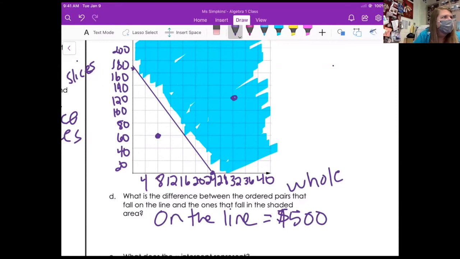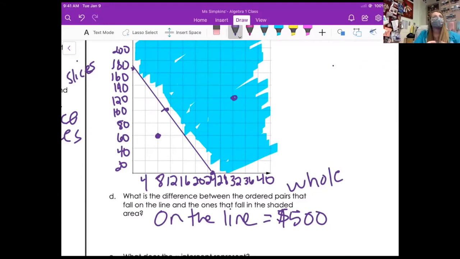No. Nope. Did I do that wrong? Math is hard. 100 slices, 10 cakes. Yeah. Which would be about right here-ish on the graph. It just doesn't look exact because of the scale.